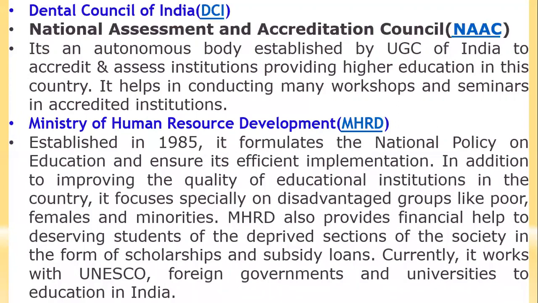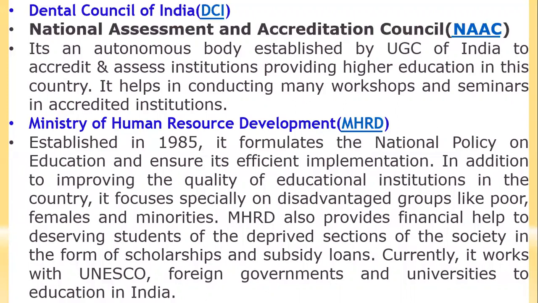We have another education accreditation system also. What is that? NBA, National Board of Accreditation. Now almost all our polytechnics are going for NBA accreditation, where it looks into the quality of the colleges or the technical education in our state.